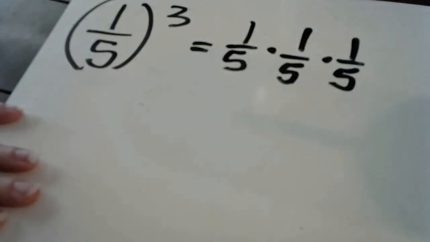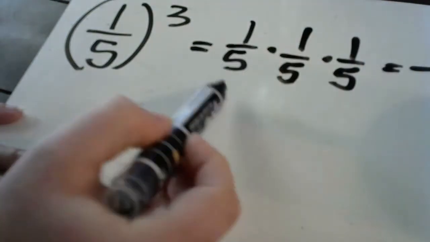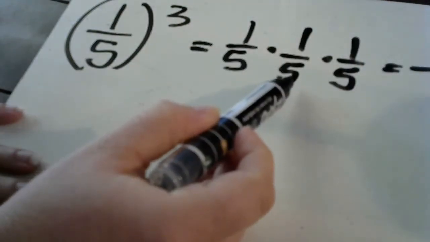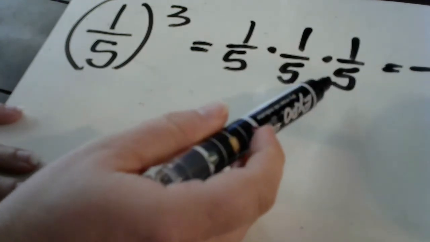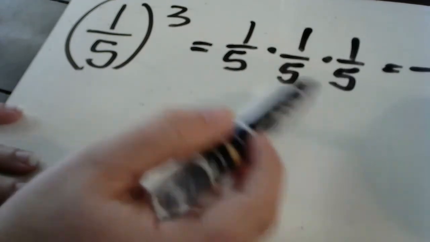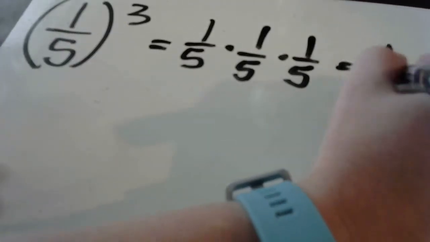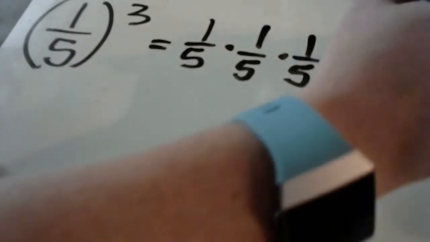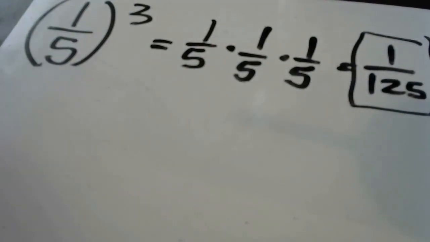We know that 1 times 1 times 1 is 1. 5 times 5 is 25. And 25 times 5, think of 5 quarters, is $1.25. So 125. When I simplify this expression, I get 125.